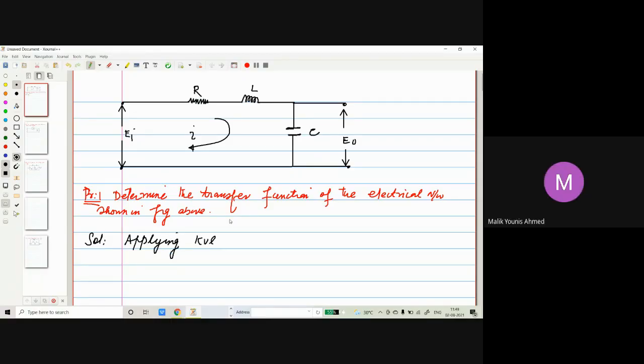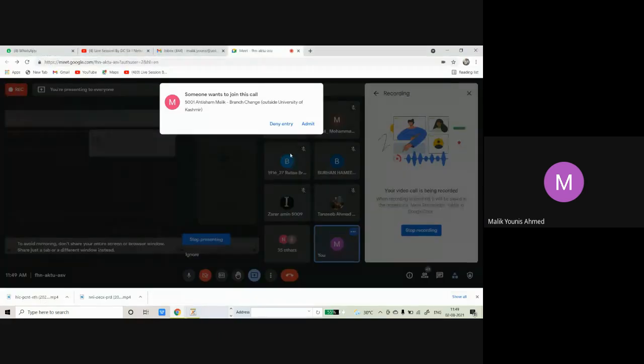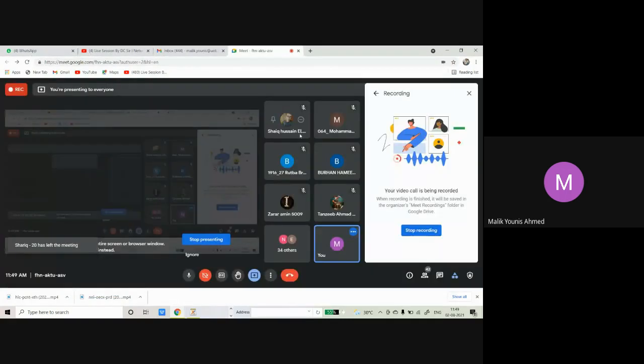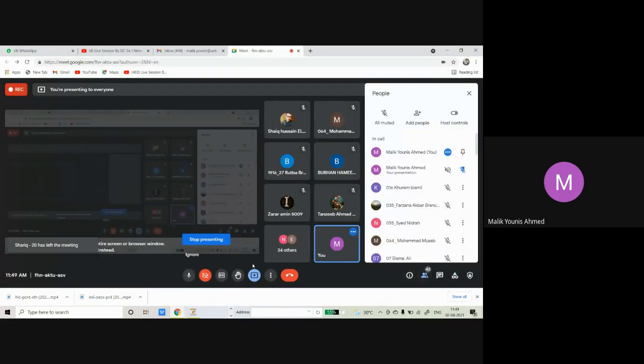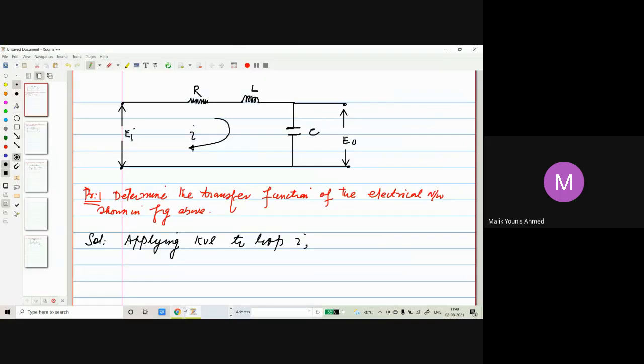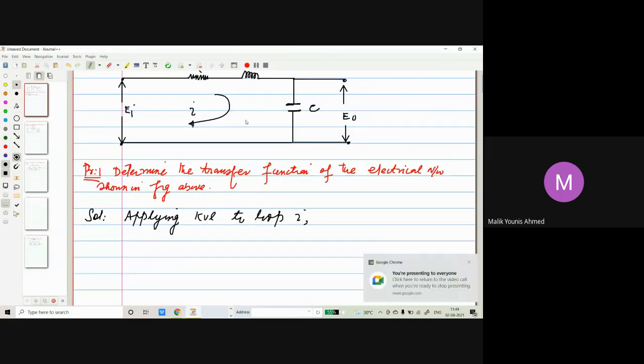Applying KVL to loop I. You know how to apply the KVL.